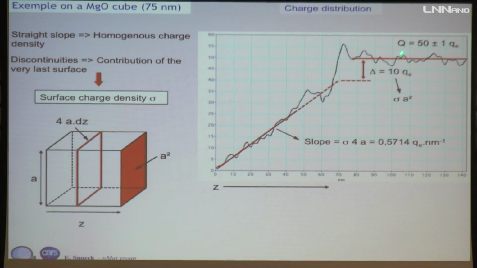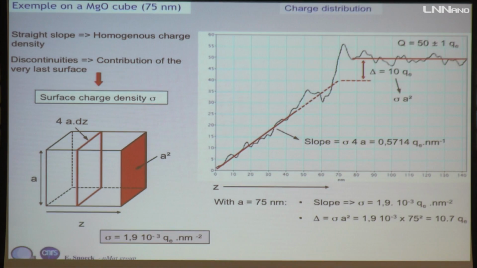So if you have a surface density of sigma, the slope here will give you the number of charges as you move from this point to this point, and when you arrive at this point, you are getting in addition all the charges located on these surfaces, and this is what you get. When you make this analysis of this curve, you now observe a surface density of 1.9 10 to the minus 3 charges per nanometer squared.